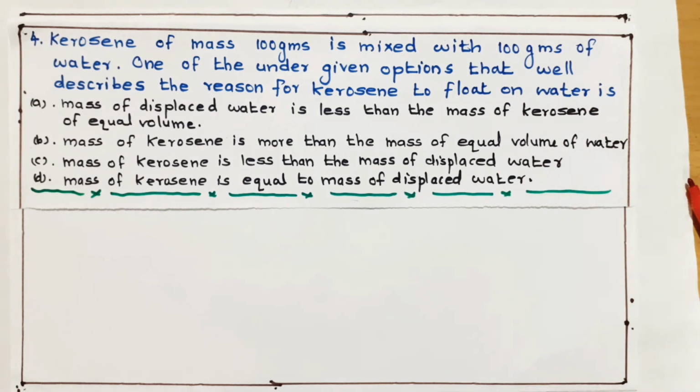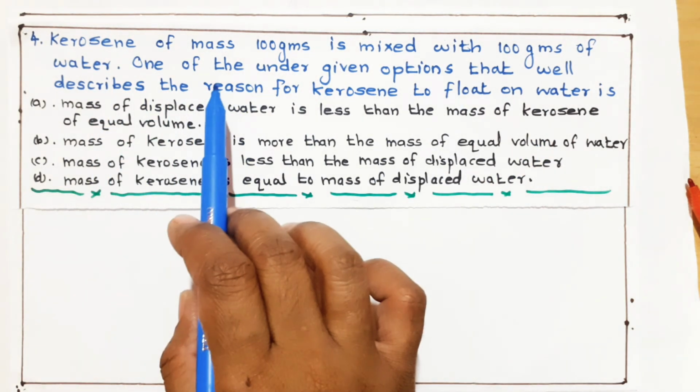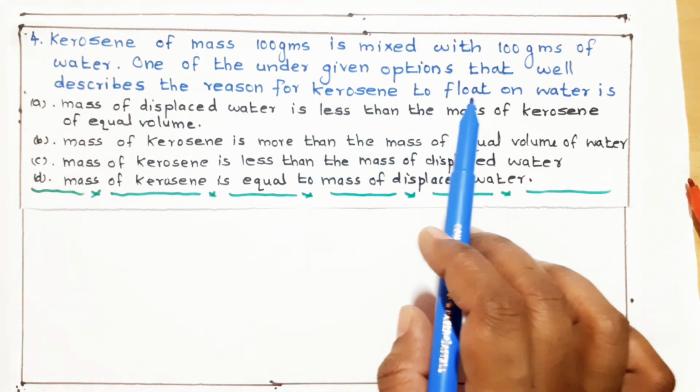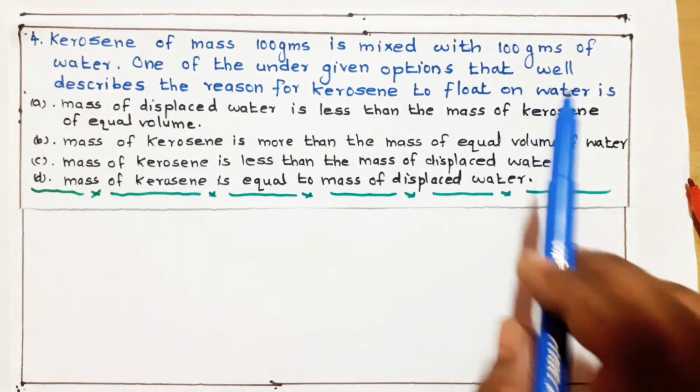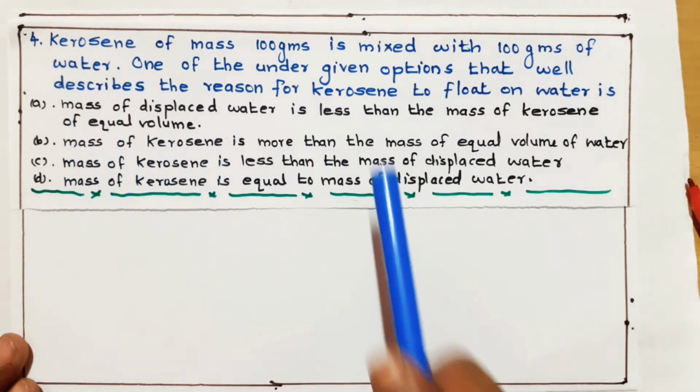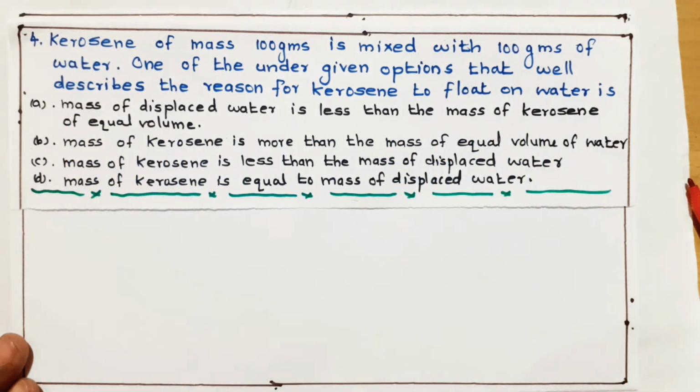See the next question. Kerosene of mass 100 grams is mixed with 100 grams of water. Out of the given conditions, which one best describes the reason for kerosene to float on water? According to Archimedes principle, the weight of the body should be equal to the weight of the liquid displaced. The first option, the mass of the displaced water is less than the mass of the kerosene, is wrong.